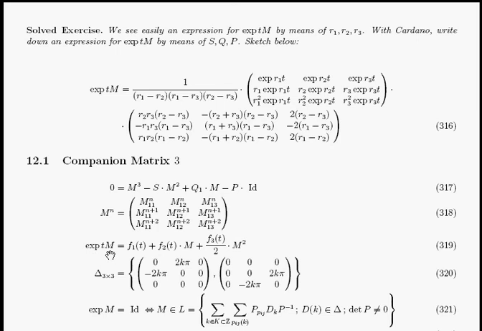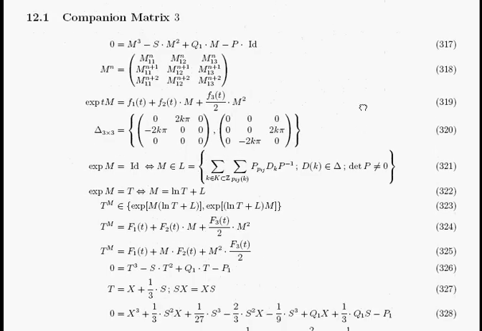So the same companion matrix M is the solution of exponential of Tm is equal to f1 of t plus f2 of Tm plus f3 of t over 2 times M2. Here I define delta. When defining the logarithm of identity, we have the logarithm of 2kπi is equal to 1.